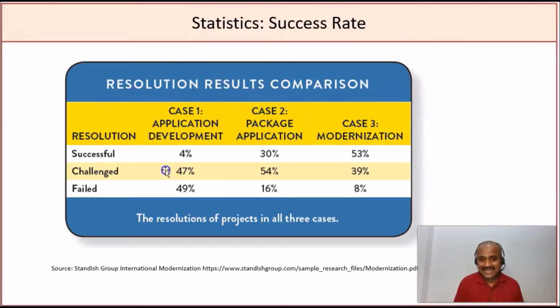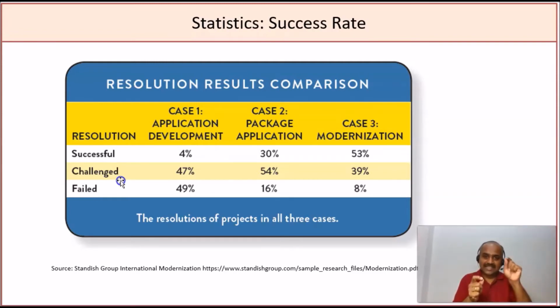It took these three categories of projects and surveyed how many projects are successful, how many are challenged, and how many failed. To classify projects as successful, challenged, or failed, it considered scope, quality, cost, schedule, risk, and resources, but primarily went by scope, schedule, and cost.